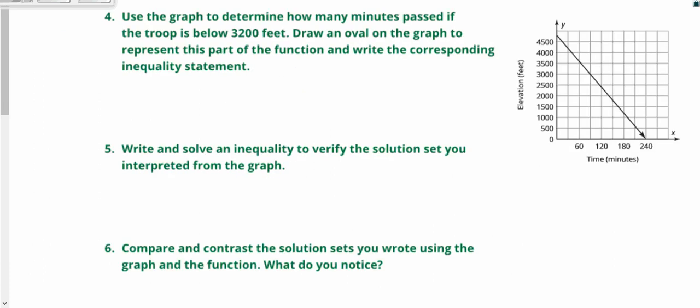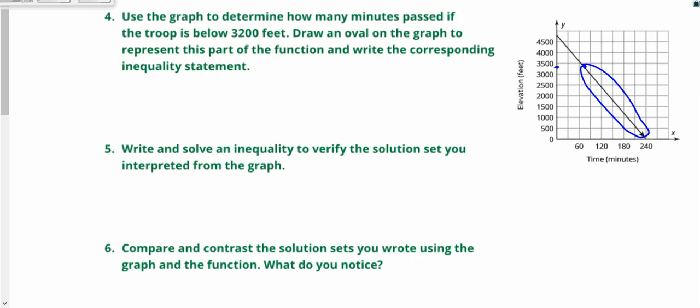All right, so we're going to use the graph. I've copied the graph from the previous page to determine how many minutes passed if the troop was below 3,200 feet. So we need to look over here. 3,200 feet looks like it's about right here on the graph. It asks us to draw an oval to represent this part of the function and write the corresponding inequality statement.